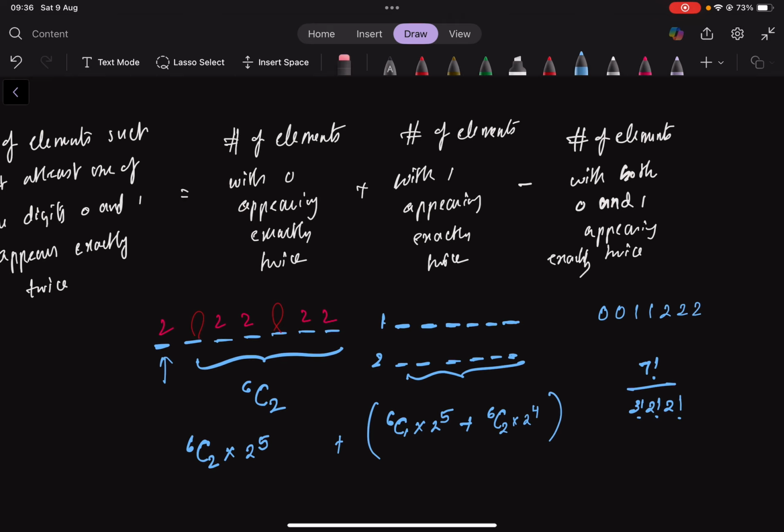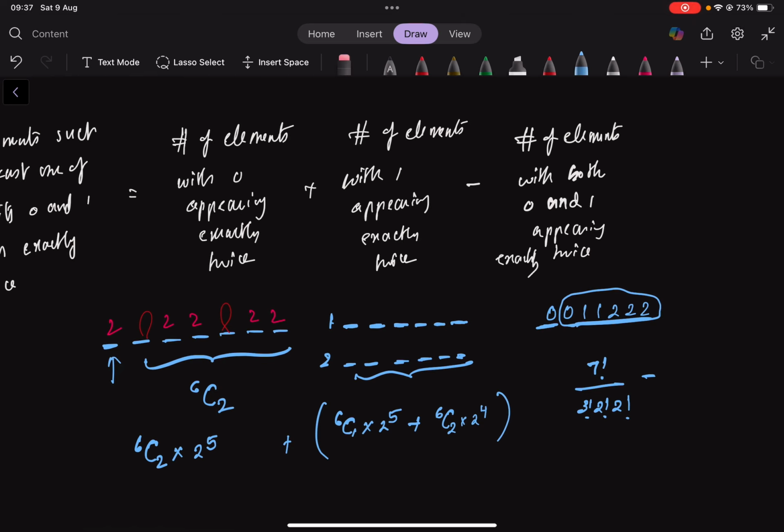If I consider the numbers starting with 0, that is essentially rearranging 0 1 1 2 2 2, which can be done in 6 factorial by 3 factorial into 2 factorial ways. So these will be the number of elements with both 0 and 1 appearing exactly twice.